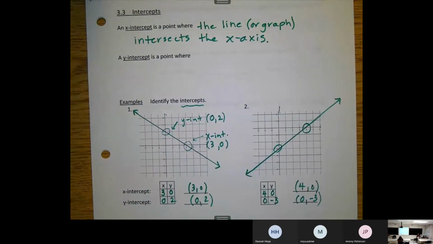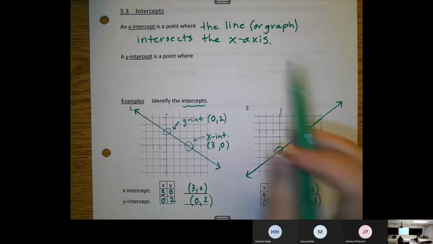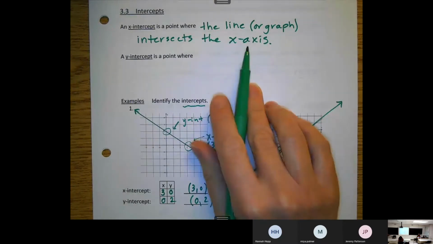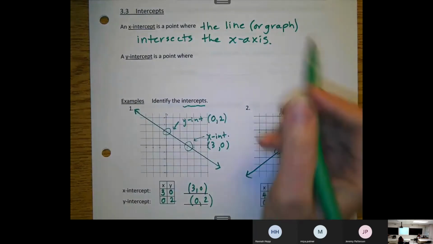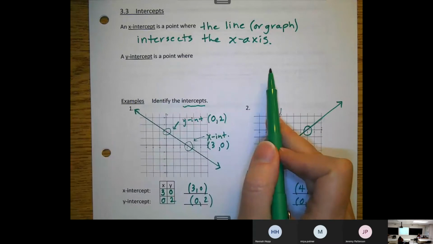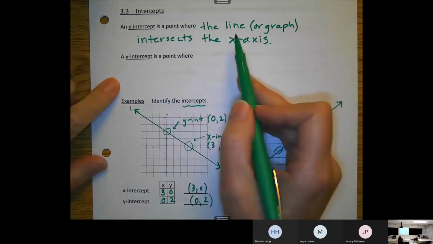You know, I've mentioned for our class we're really going to focus on lines, but any graph could have an x-intercept. So for us it's lines, but in general, any graph, if it crosses the x-axis, it has an x-intercept. It'd be nice if we could copy and paste that down here because there's only one letter different in the definition for y-intercept.